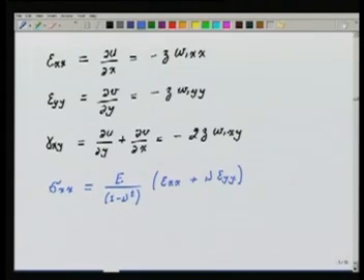Okay, so this I can write as E by 1 minus nu squared into Exx will be minus z w comma xx minus nu z w comma yy.